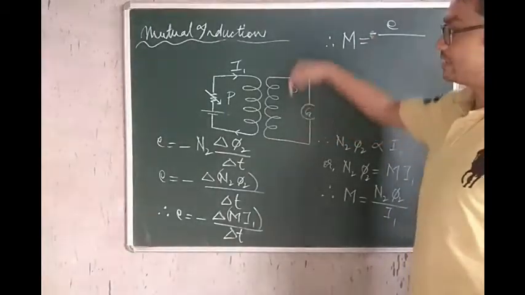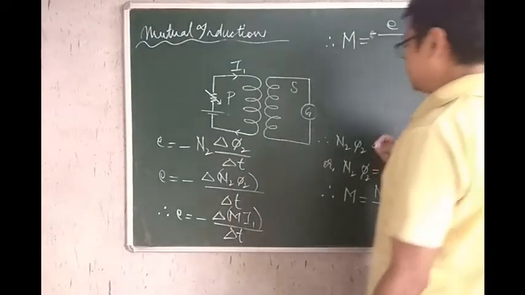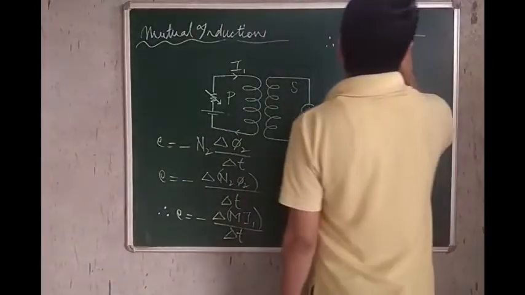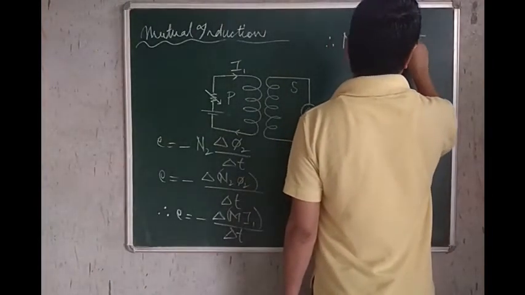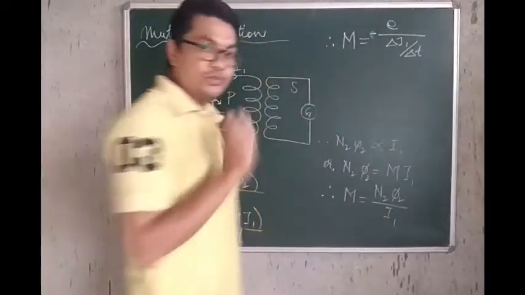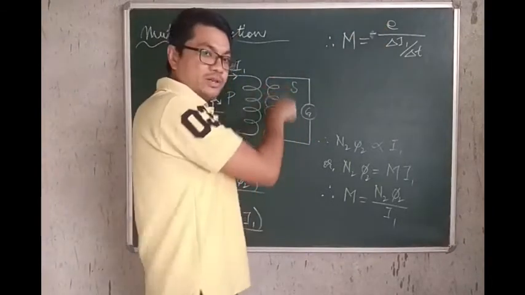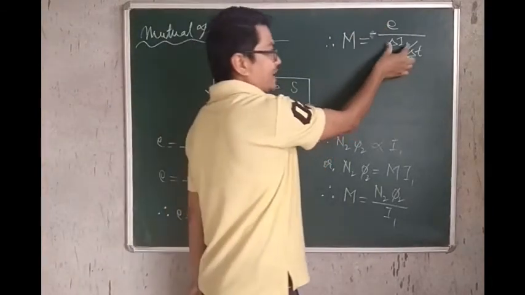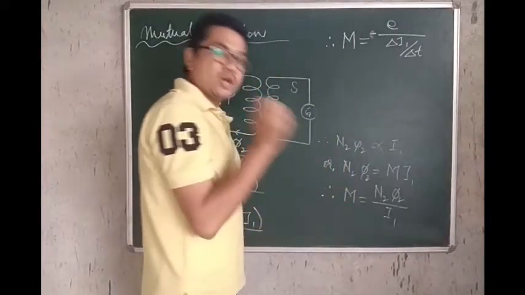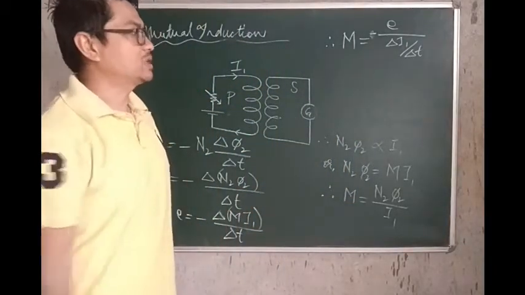It's only telling us that the effect is such that it tries to oppose the cause. Lenz's law, mind you. So we define mutual inductance to be the EMF induced in the secondary coil for unit rate of change of current flowing through the primary coil.